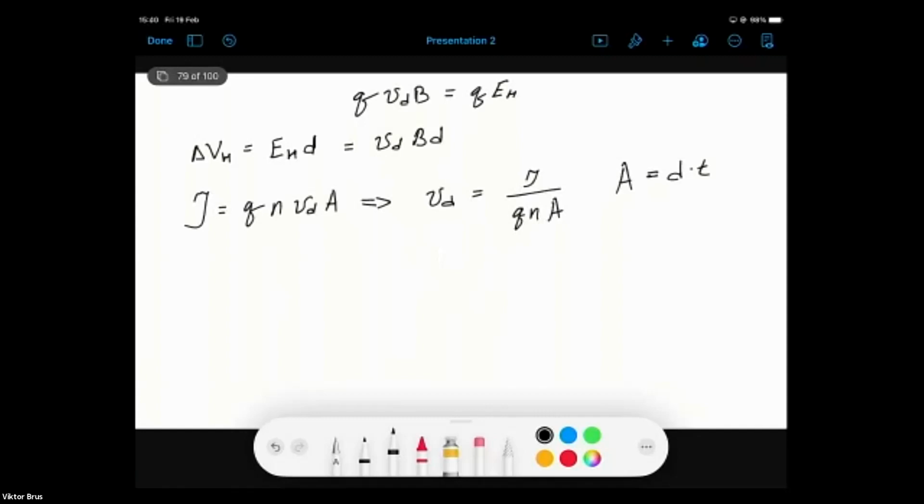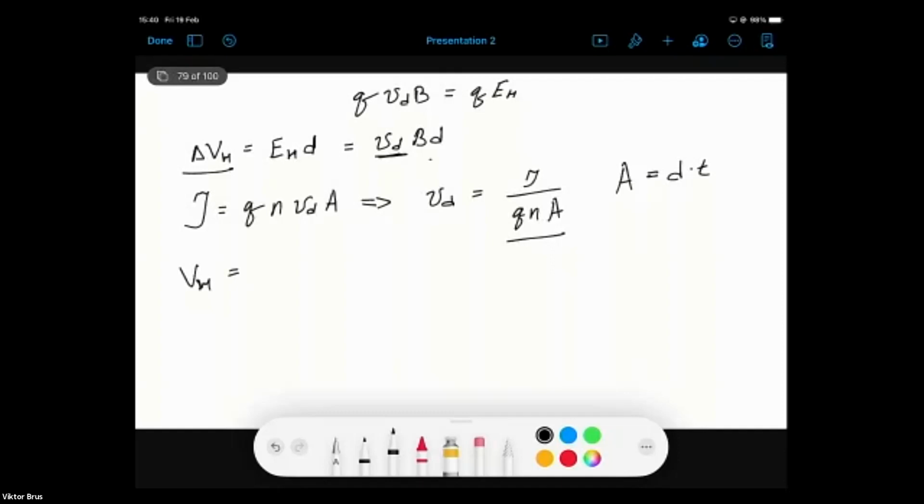So now we can substitute this expression for drift velocity into the equation where we define the Hall voltage. This is very important, because Hall voltage is the parameter which we can experimentally measure. We have a voltmeter and measure this potential difference.